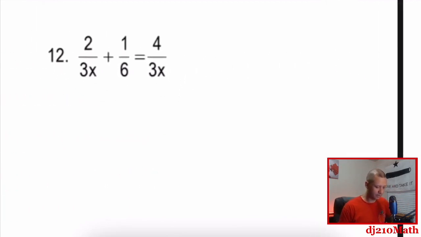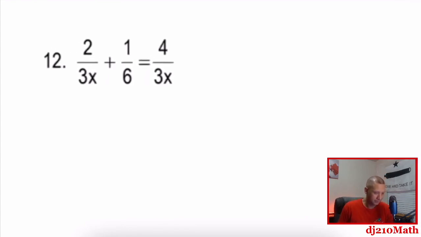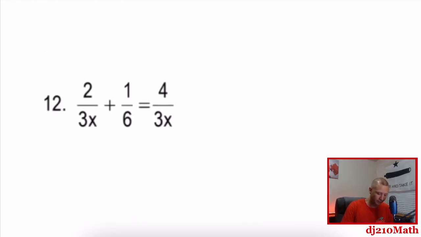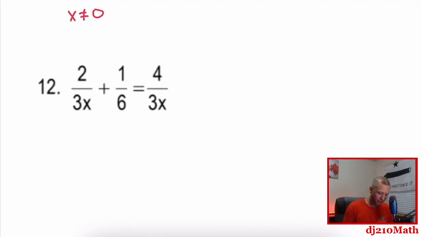Okay. Number 12. We're cooking. So, common denominator. Technically, first things first, x can't be 0. So anything other than 0, we're good. Our common denominator.